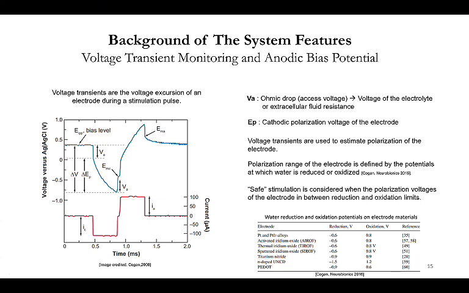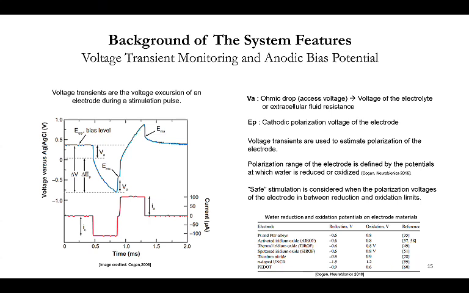So if after injection the voltage transient signal amplitude is in this range, that means we can safely inject the signal. If it is out of this range, that means we have started to damage the microelectrode array.